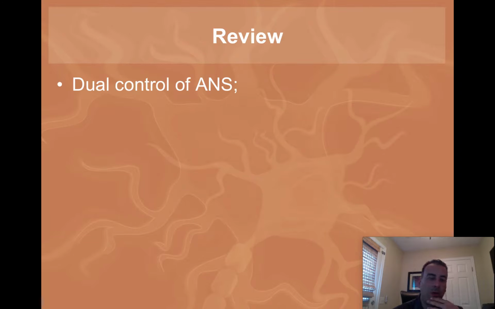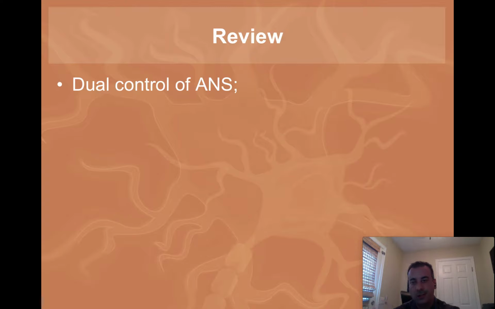Dual control of the autonomic nervous system. What I'm trying for you to understand is that the autonomic nervous system has both excitatory and inhibitory processes. And what are they? Obviously, sympathetic versus parasympathetic, which we'll get into in a little bit. So be familiar with dual concepts. For example, those under dual control of the ANS would be like the iris, right?